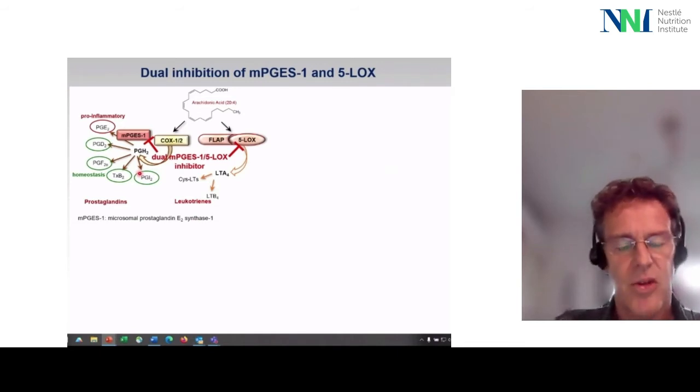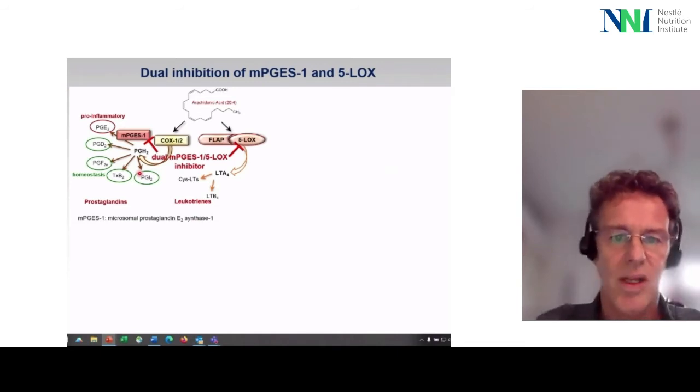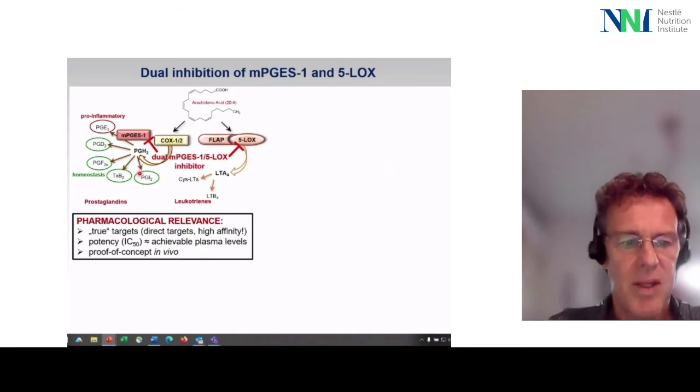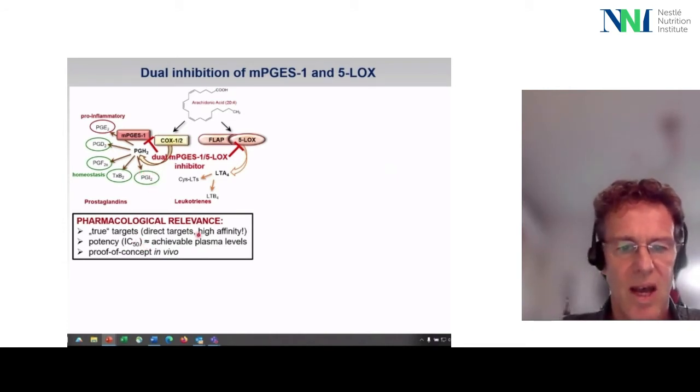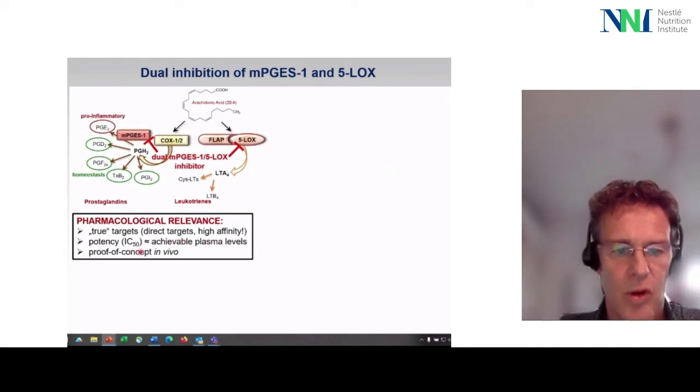And we have actually screened for such dual inhibitors, keeping in mind the pharmacological relevance of those compounds: high affinity, true targets here, a potency at concentrations that are achievable in the plasma, and proof of concept in vivo.